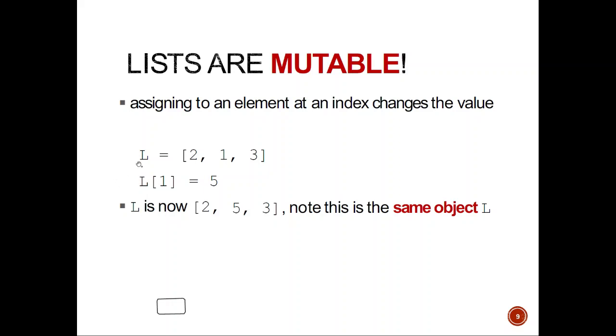So for example, if we have the list defined as 2, 1, 3, and we say L at 1, which is the index of this element, and set it to 5, L is now 2, 5, 3, and this is the same object L.